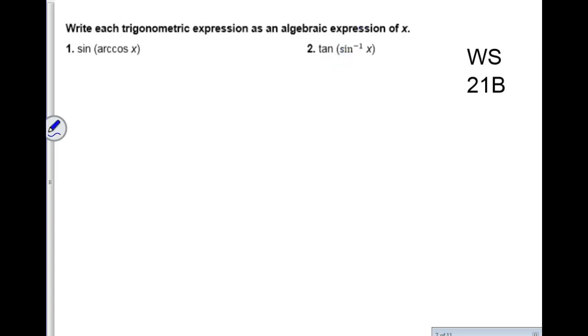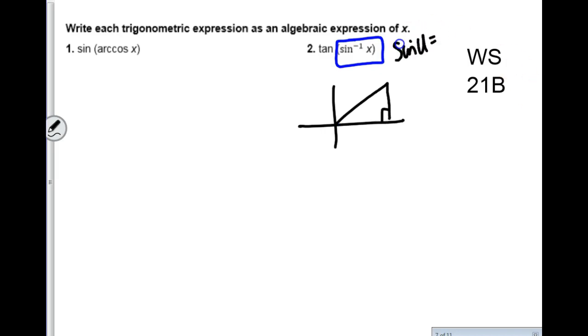So, start on the inside. It says arcsine x. So again, because of the positive nature, we're assuming we're up here in quadrant 1. If the sine of that measure is x, that means I can write it as a ratio of x over 1. So again, they have the vertical leg called x, and then the radius is a 1.